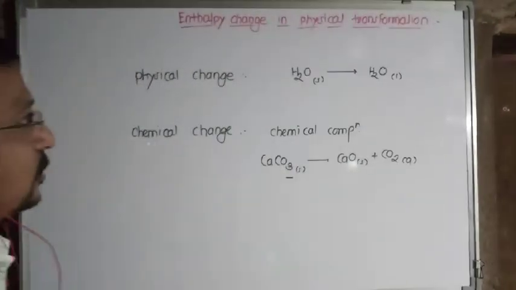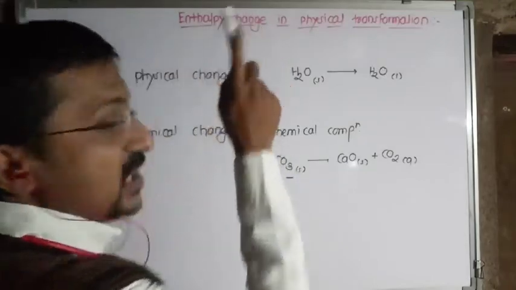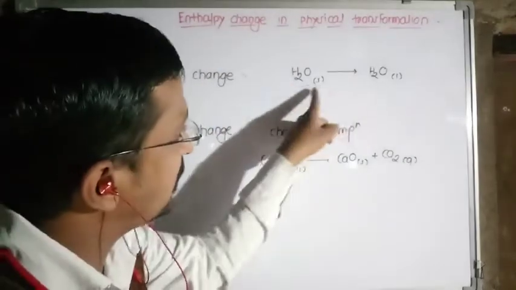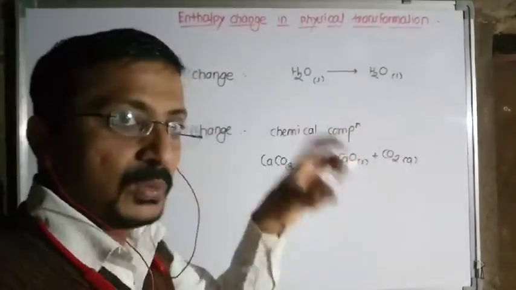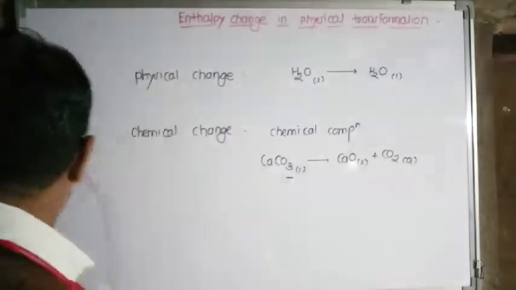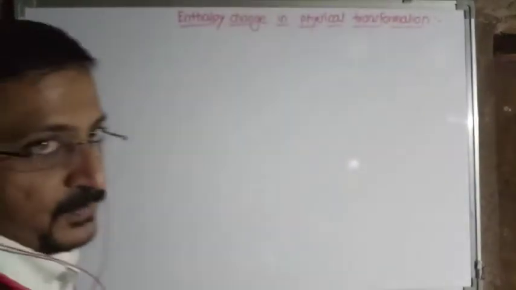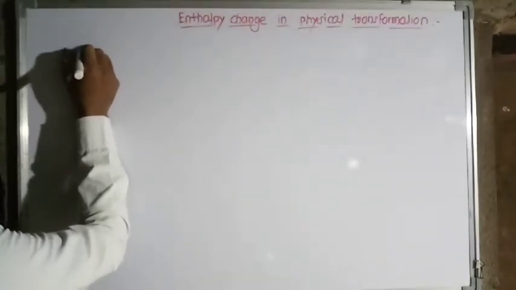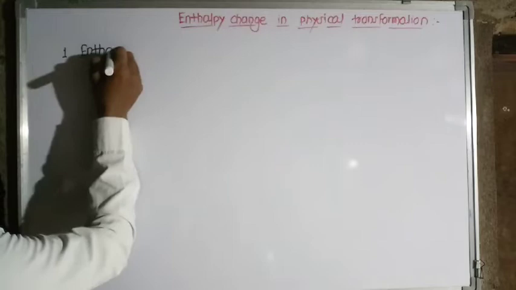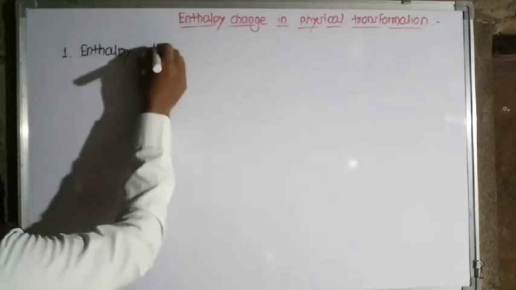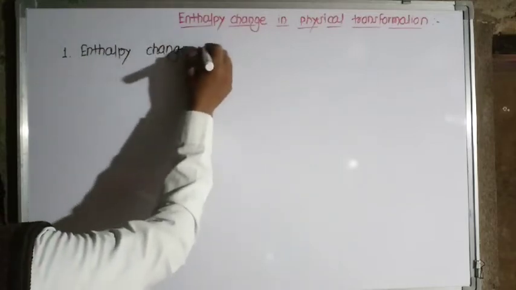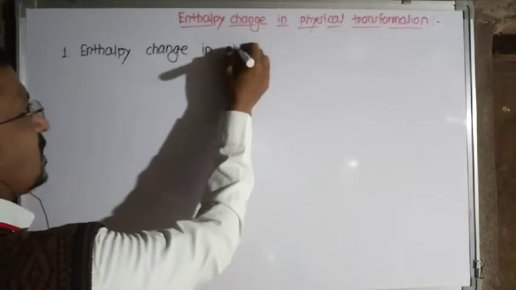Now we are going to discuss the enthalpy change in physical transformation, whatever enthalpy change occurs during the course of such processes. The first point is the enthalpy change in phase transition.